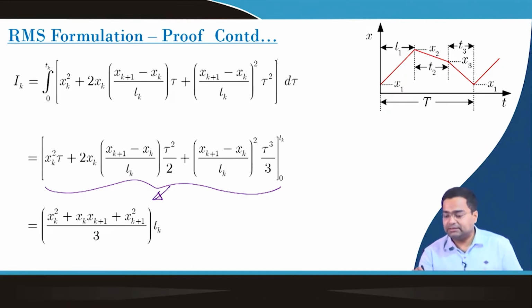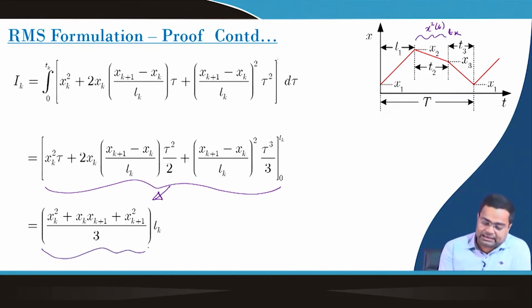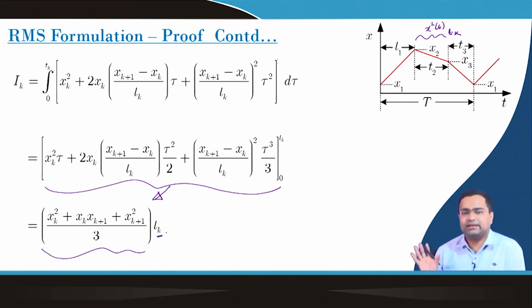So, if we take this x square t during this interval tk, we will get xk square plus xk into xk plus 1, plus xk plus 1 square, divided by 3, into tk, that is the duration of the interval.